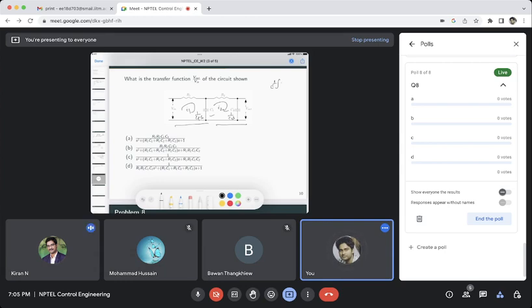It is 1 by CS, so it will be 1 by CS times I, right? Laplace transform of this.